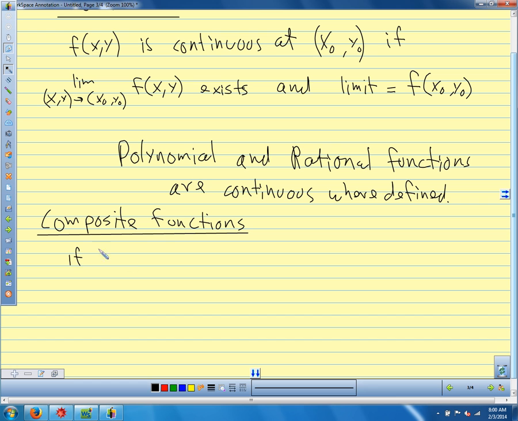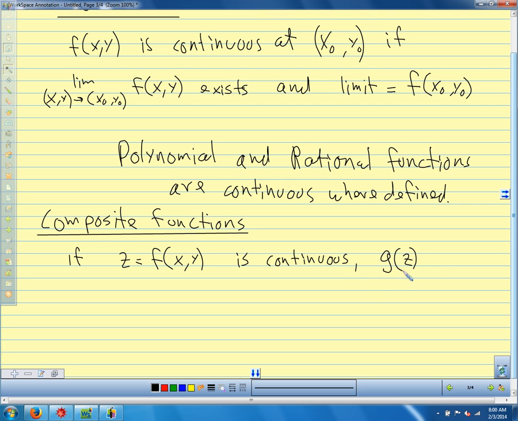So for composite functions, we're going to say if z is some function f of x, y, and this function is continuous, and g of z, a single variable function, is a continuous function of z, then the composition of g and f, which we can also write as g of f of x, y, is continuous.